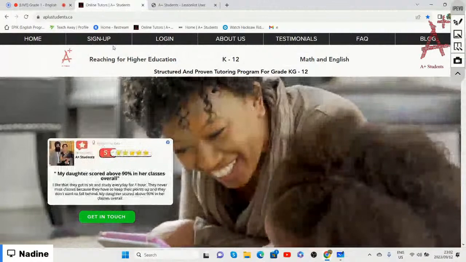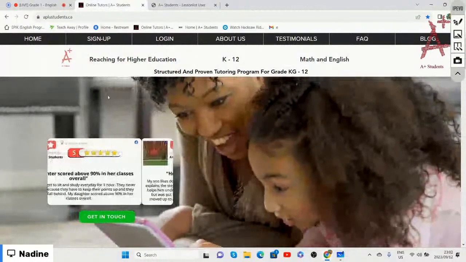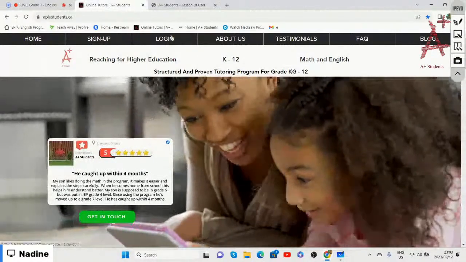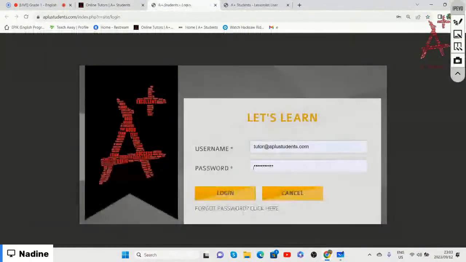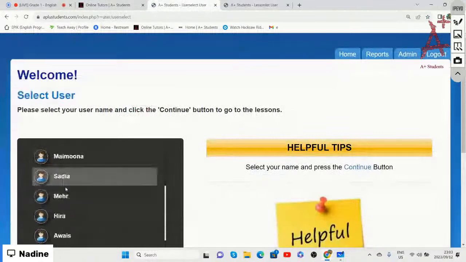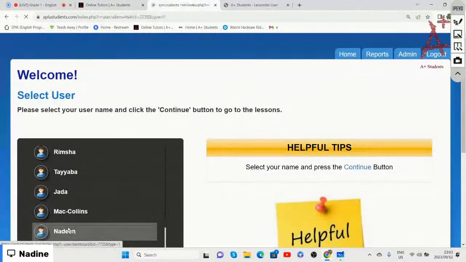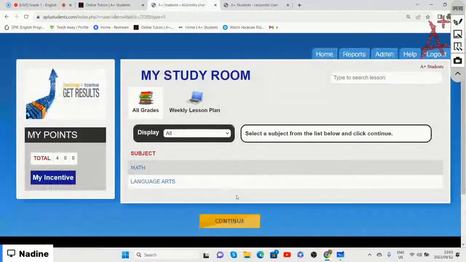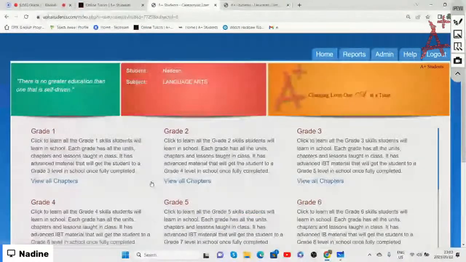And before we start our lesson on sentence types, we are going to log into aplusstudents.ca, and we're going to log in with our username as well as our password. Once we've logged in, we're going to select the subject of language arts and grade one.